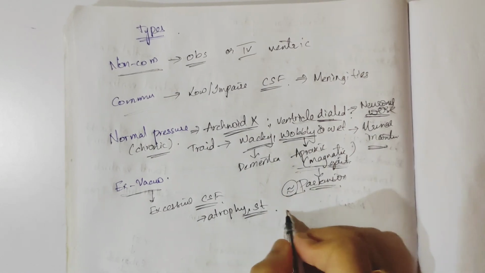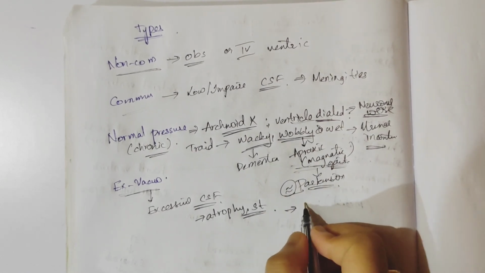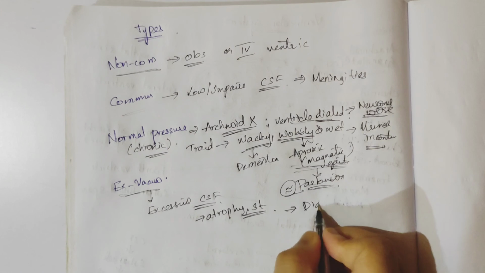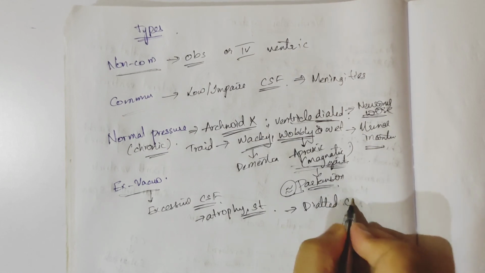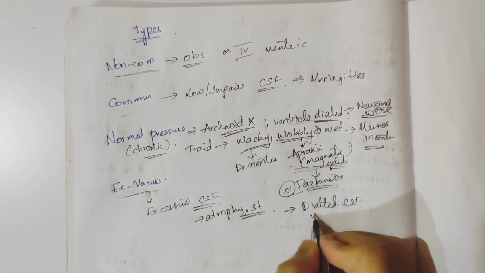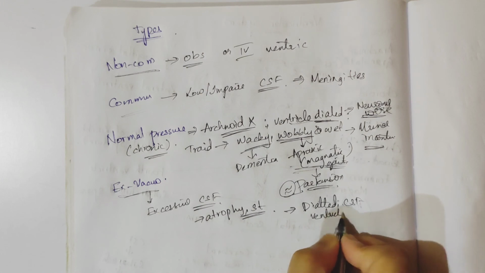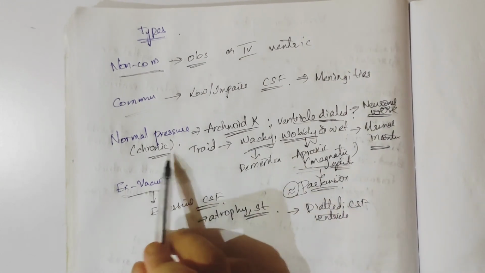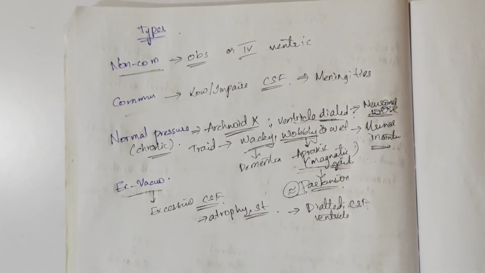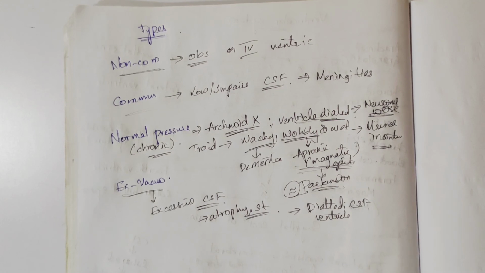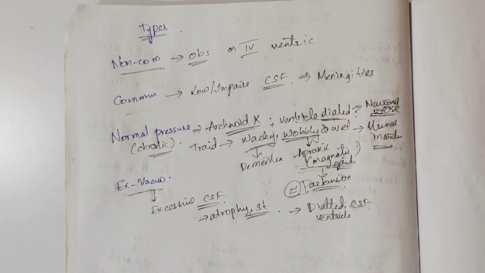This results in dilated ventricles but normal CSF pressure. So that's it about the ventricular system, and in the next chapter we'll see the spinal cord in detail.